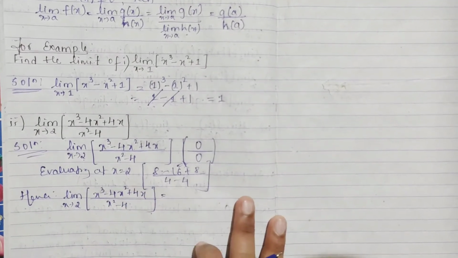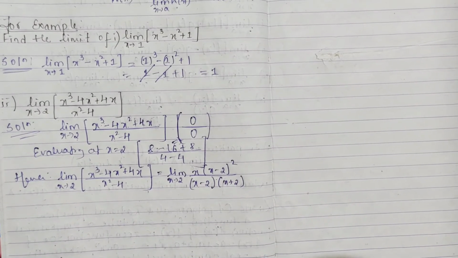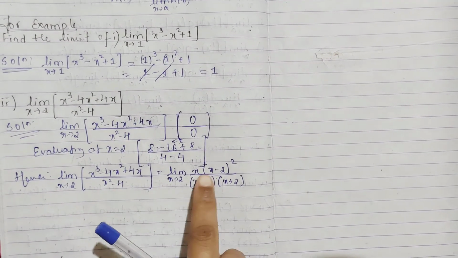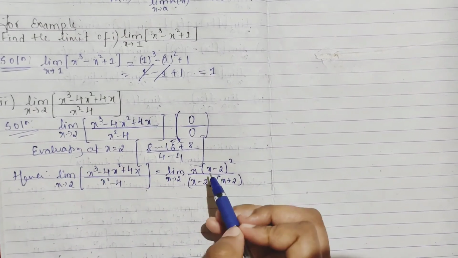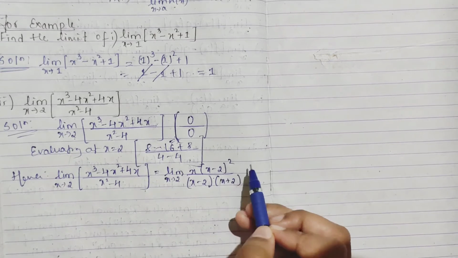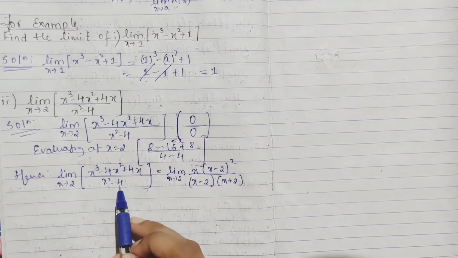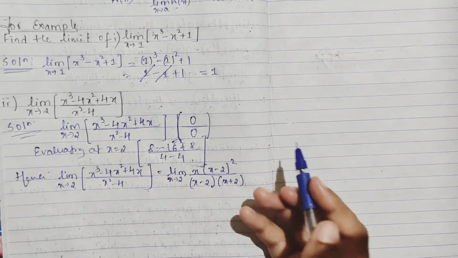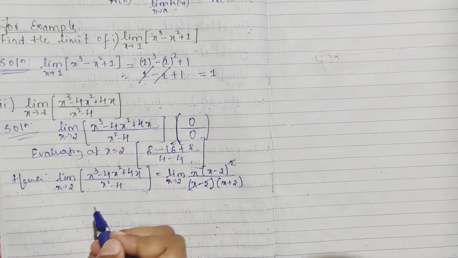You can go for polynomial division for the x cube. So factorizing, you get the limit of x times x minus 2 the whole square. Here x minus 2 whole square is in a minus b whole square form, and the denominator is a square minus b square, that is a minus b times a plus b. So this one and this one cancel.